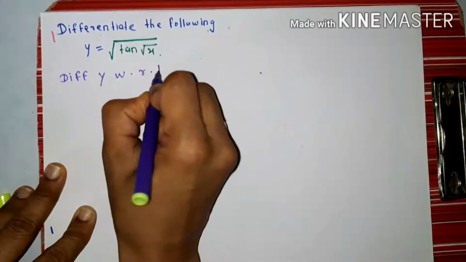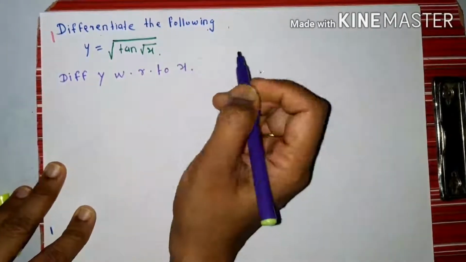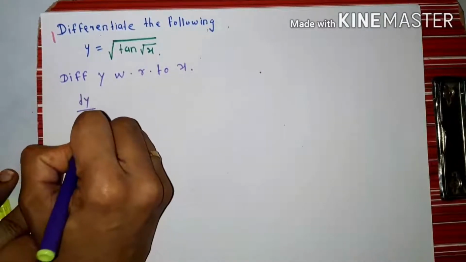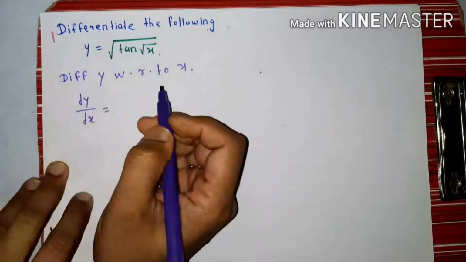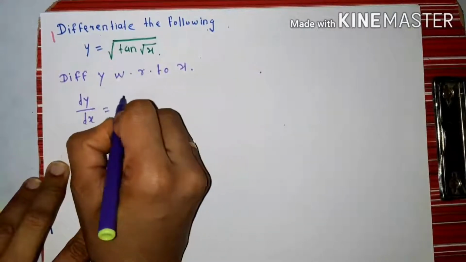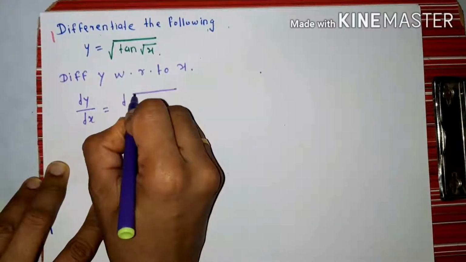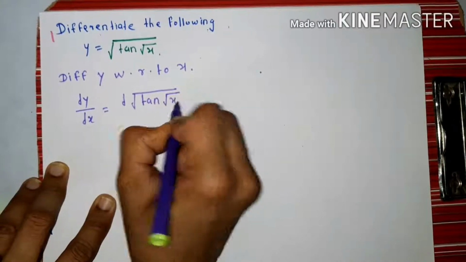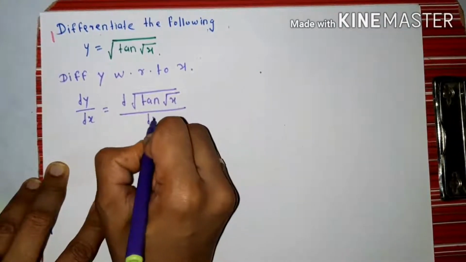We have to differentiate with respect to x. So dy by dx equals the differentiation of root of tan of root of x with respect to x.